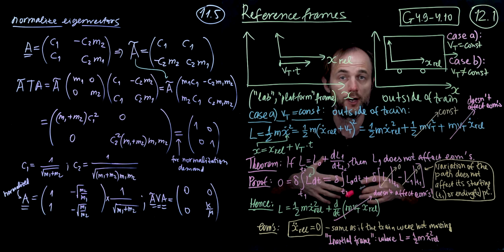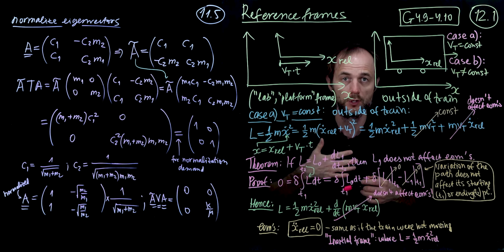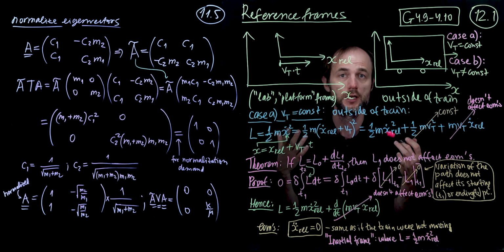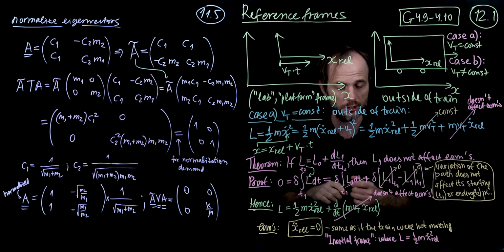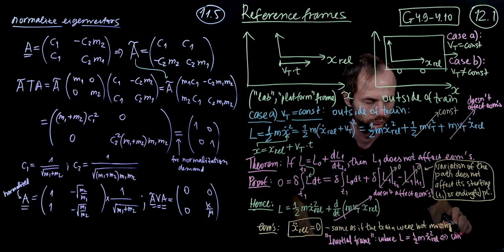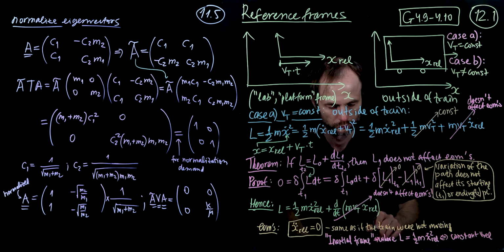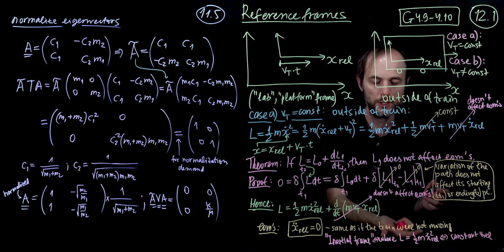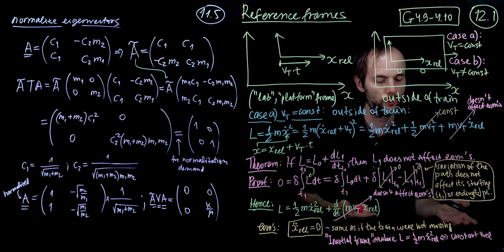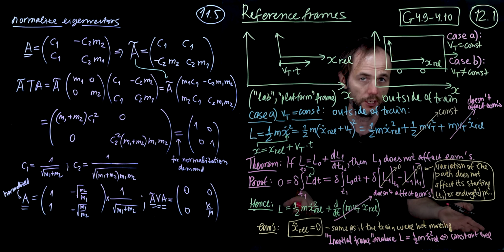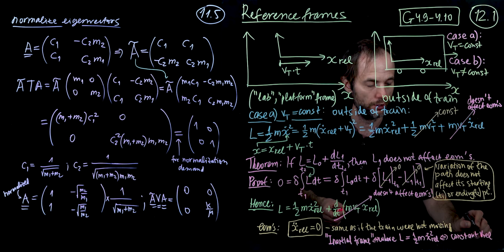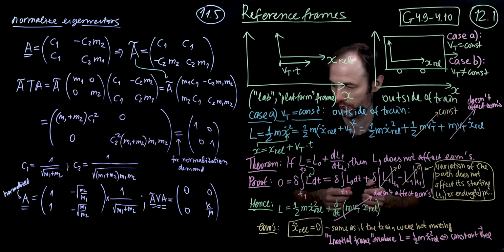So if a body in the absence of external forces keeps moving at a constant velocity, then it means it is an inertial frame. So inertial frame is where the Lagrangian takes this form, or where bodies in the absence of external forces move at constant v rel, at constant velocity.